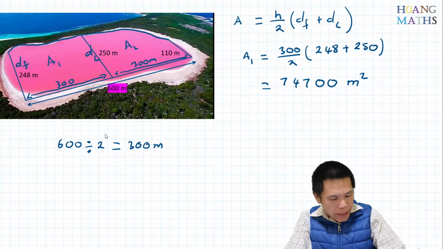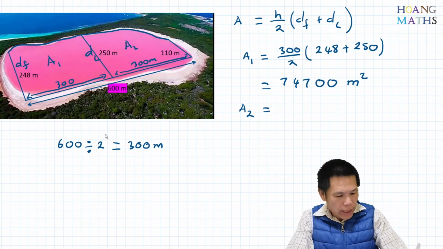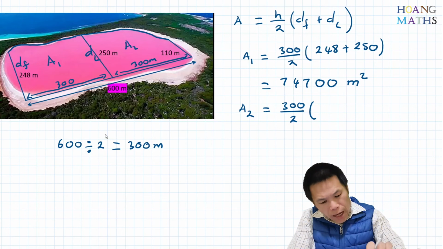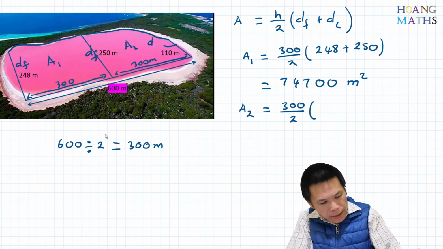And then to work out area 2, we do exactly the same process, okay? So let me write this down. A2 is equal to, and we already have the rule, so we just write it down. So H is 300 over 2 and D first. Now this time, this one here is D first, and this is D last, okay?